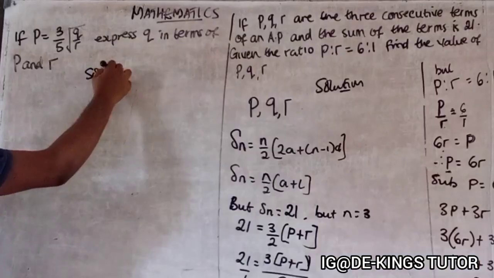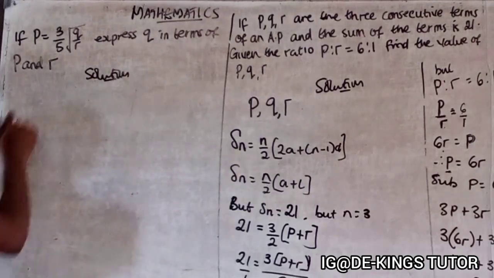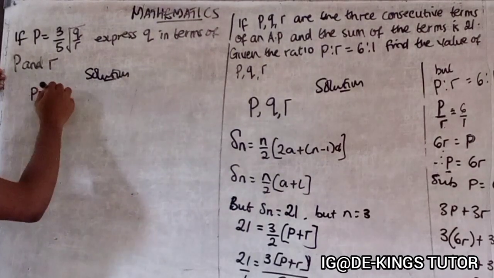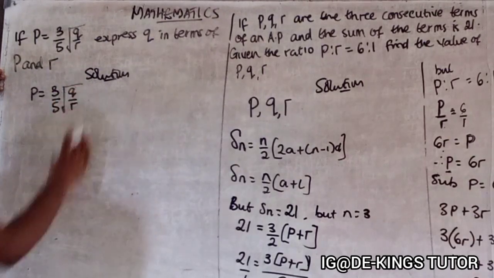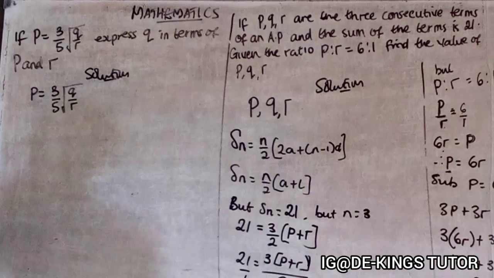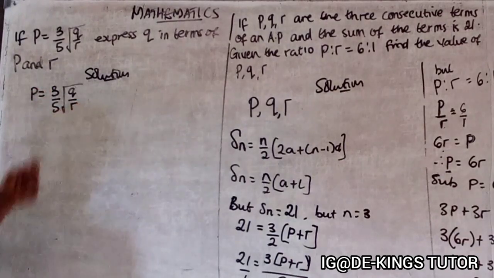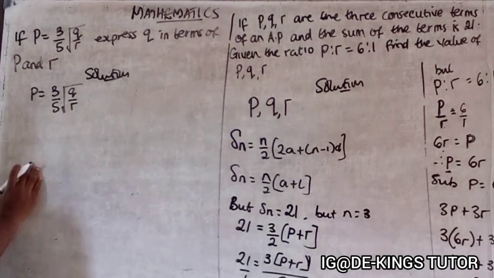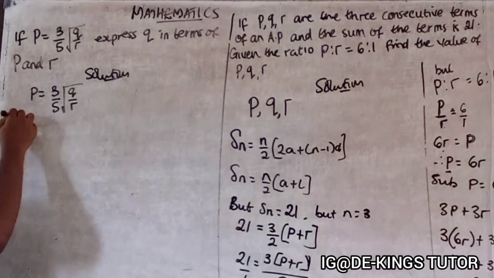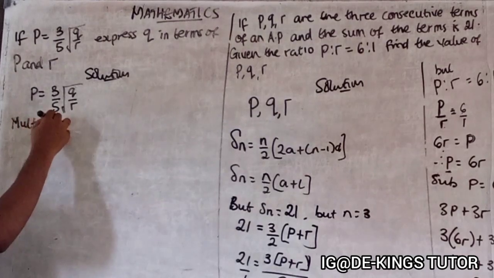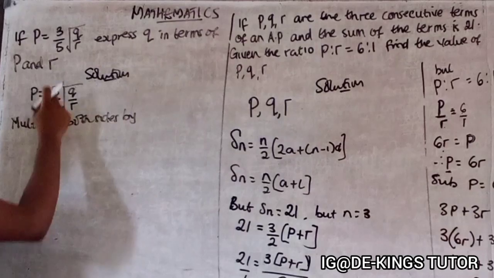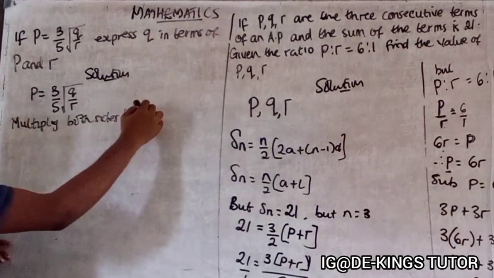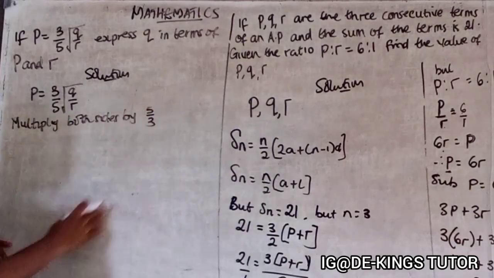So we have the solution. We have P equals 3 over 5 square root of Q over R. The first thing is that 3 over 5 is disturbing this, so we have to eliminate it. By eliminating this, we multiply both sides by the reciprocal of 3 over 5, which is 5 over 3.